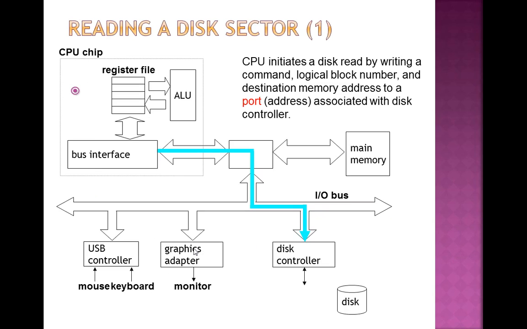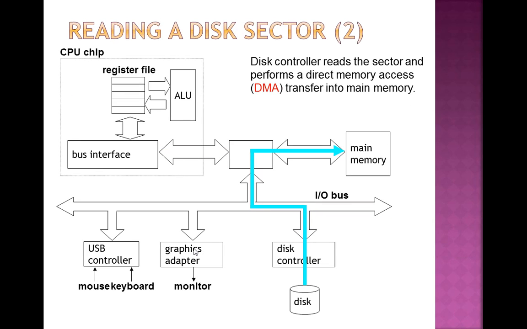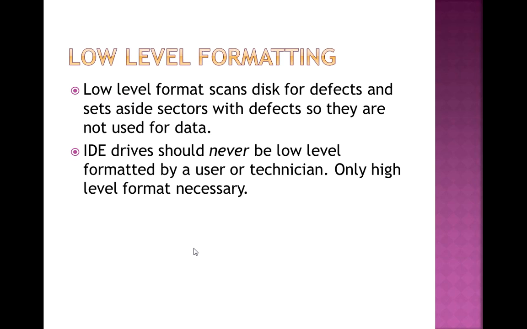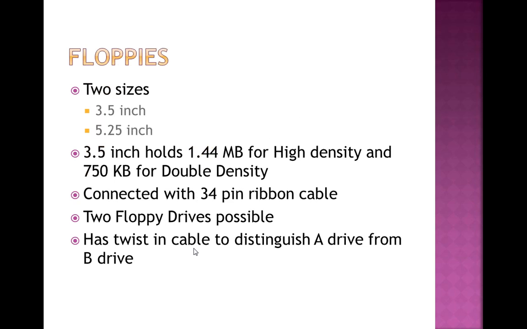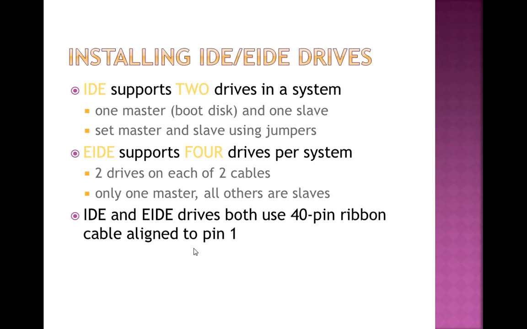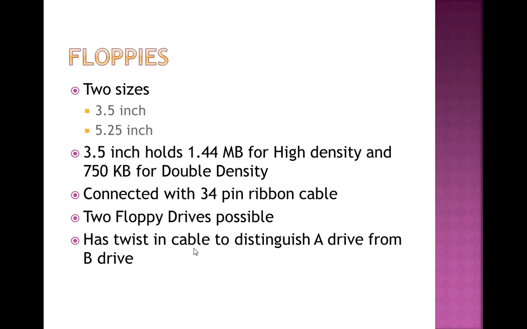Logical disk load, input output bus, reading a disk sector, we have discussed this. Then we have discussed the hard disk storage system. What storage systems are available, like hard drives of two types, SCSI and IDE. Then what is low level formatting, and how to install the IDE and EIDE drives.